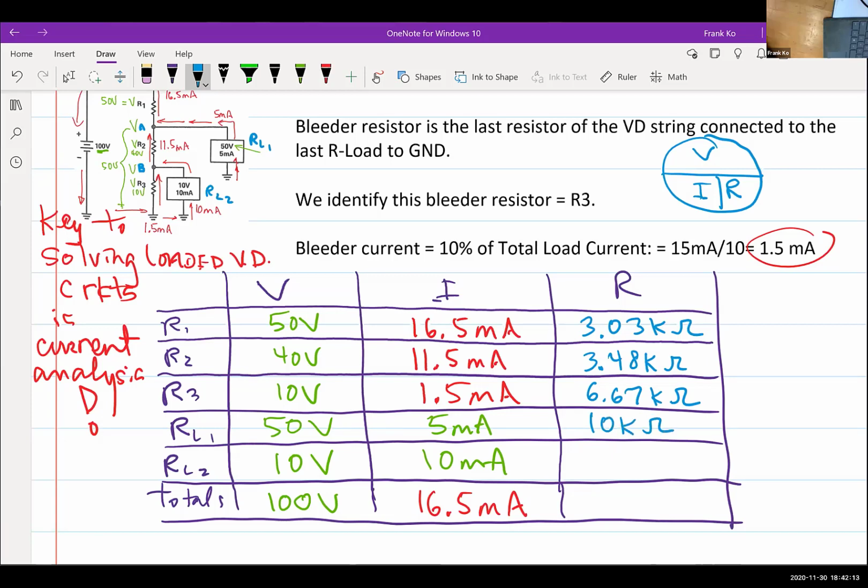And then RL2, 10 volts divided by 10 milliamps, works out to be 1 kilo ohm.